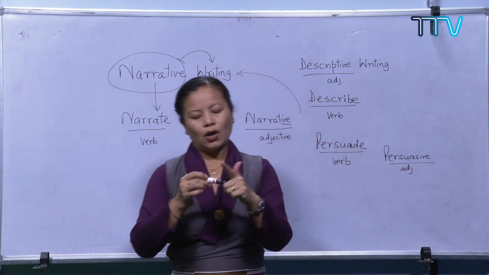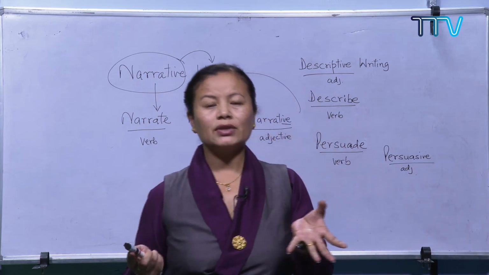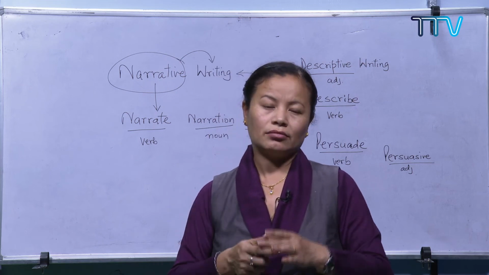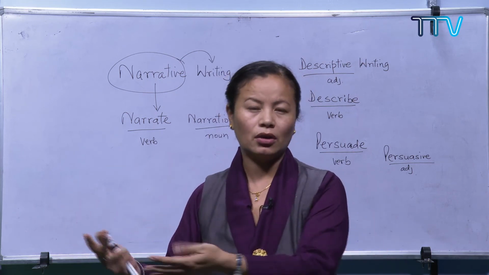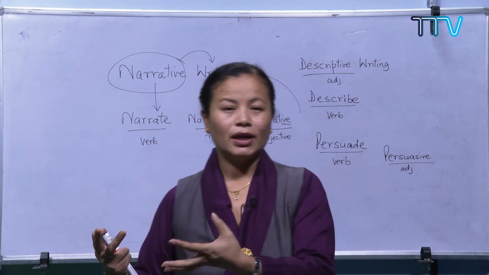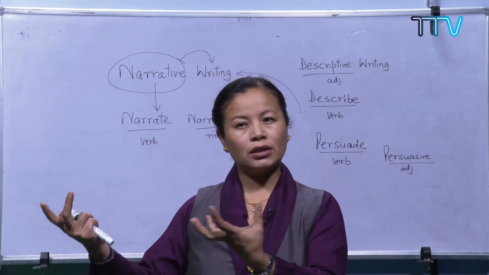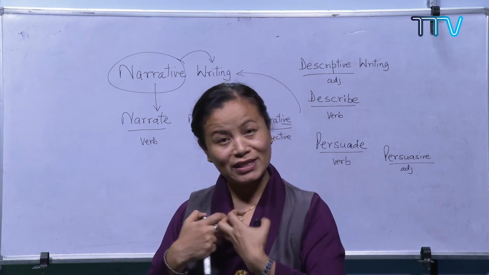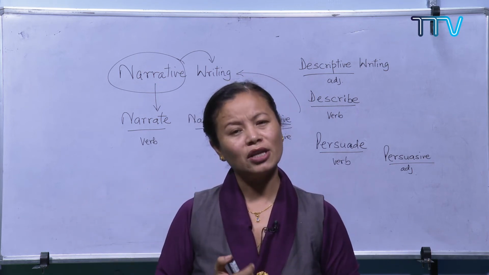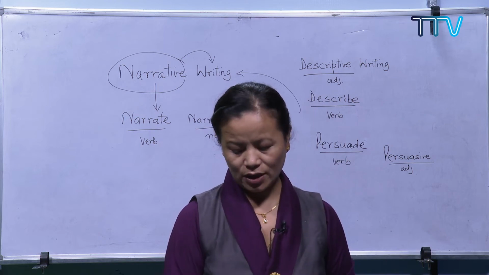So in all those types of writing where you can find the writer trying to convince the reader, trying to take the reader into confidence, to bring the reader to your side, this type of writing is called persuasive writing. Okay, look at the slide now.